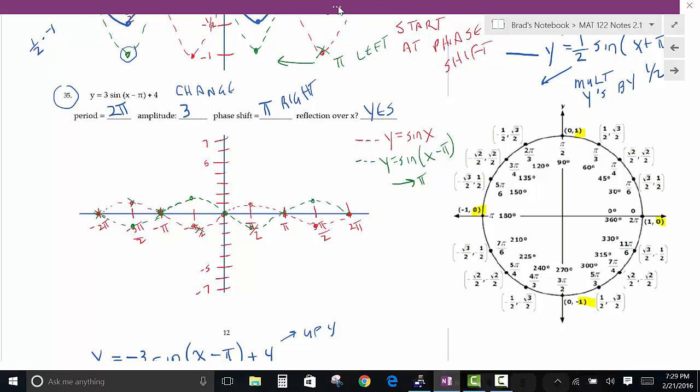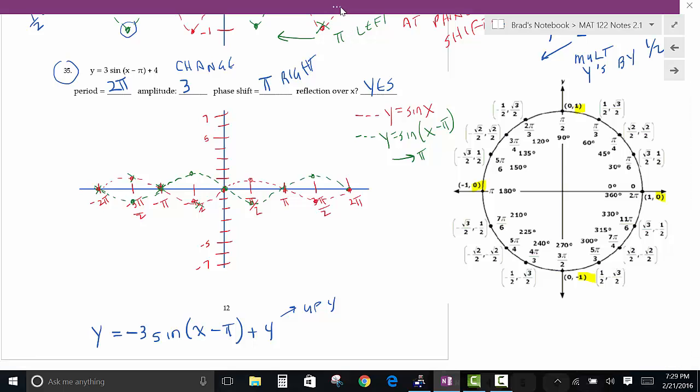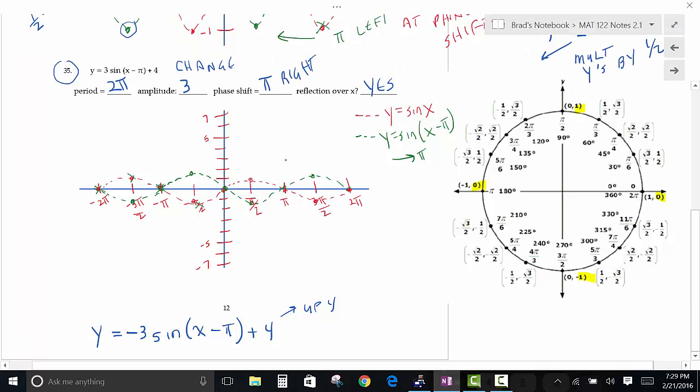It doesn't really make any difference. I'm going to try to show you how to do this in one stage. So I'm going to get the blue here, and we're going to do the final product, and now what we're graphing is y equals negative 3 sine (x minus pi) plus 4.